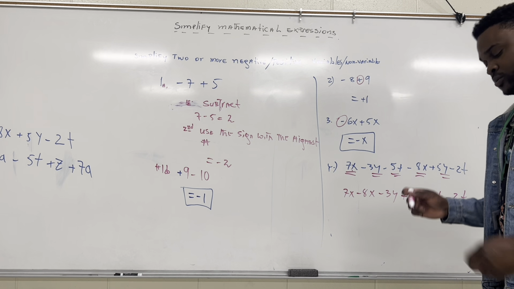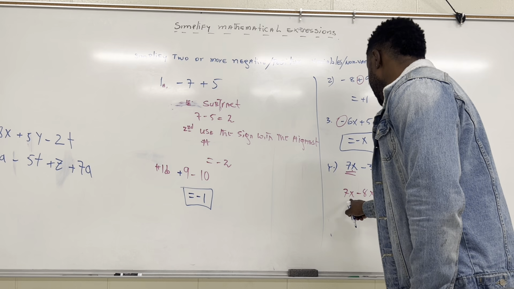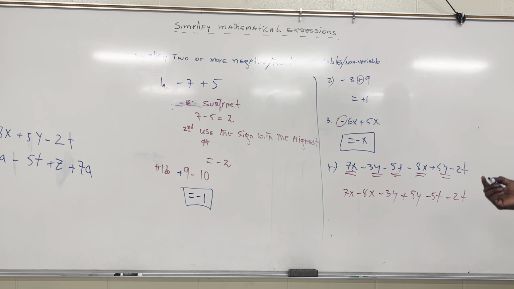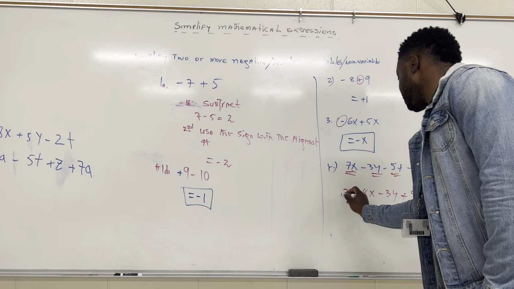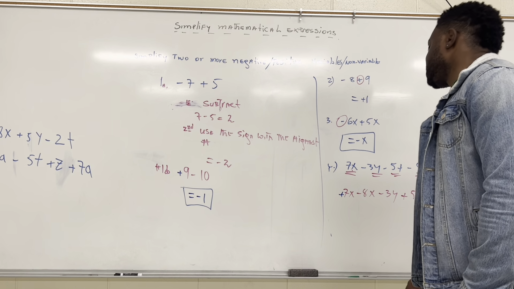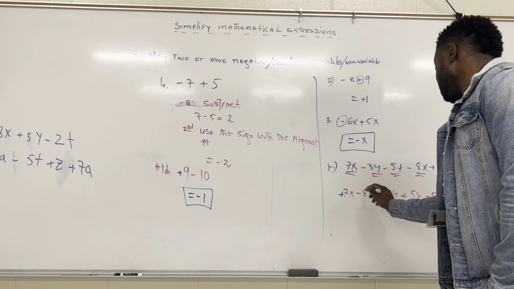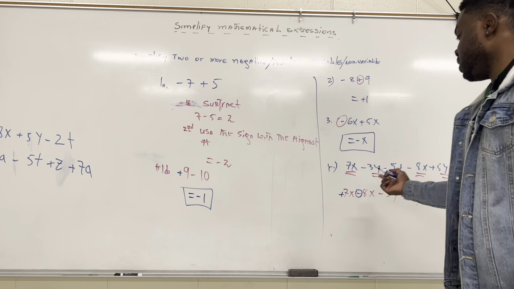So now we are ready to simplify. So now we are going to say 7x minus 8x. Remember, whenever you have a positive, there's always a positive here, even though you don't see it. Whenever you have a positive and negative, you subtract and then you keep the sign with the highest number. You already know that the leading sign here is negative.